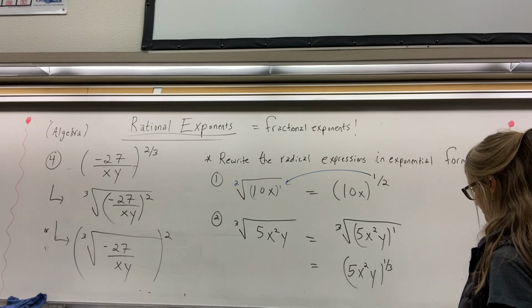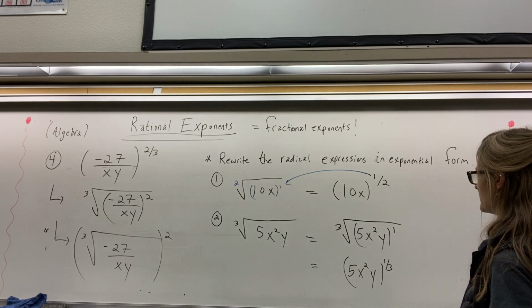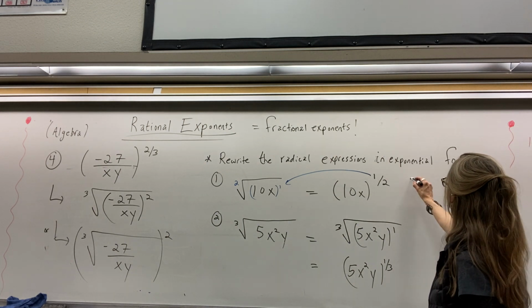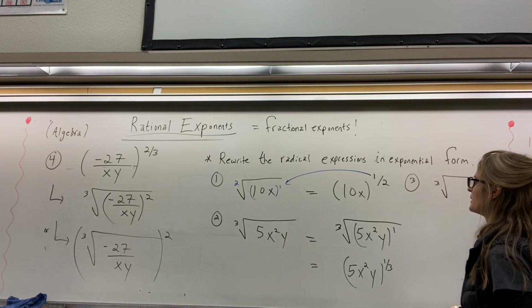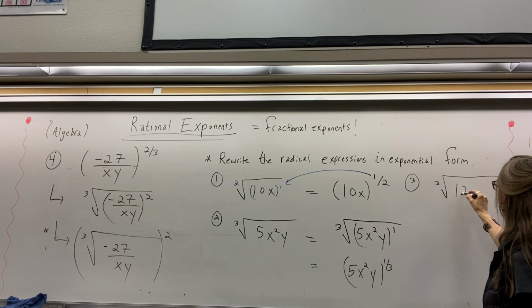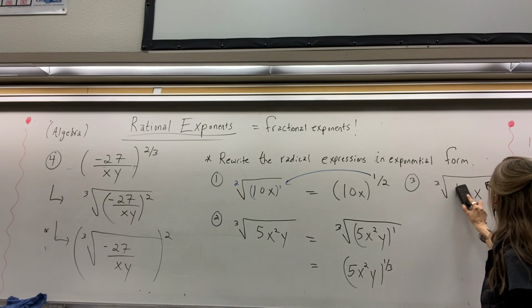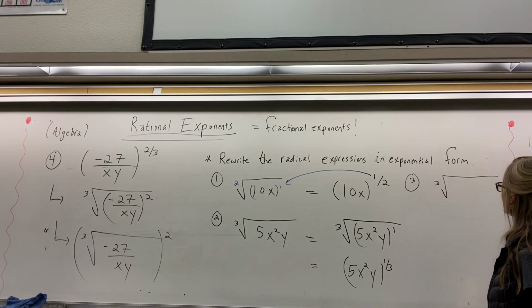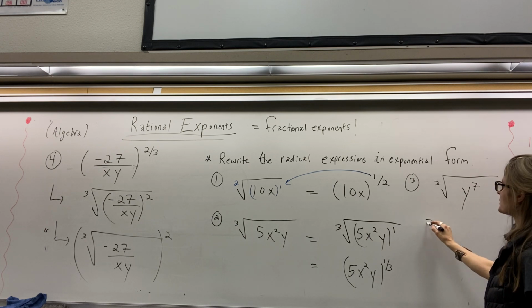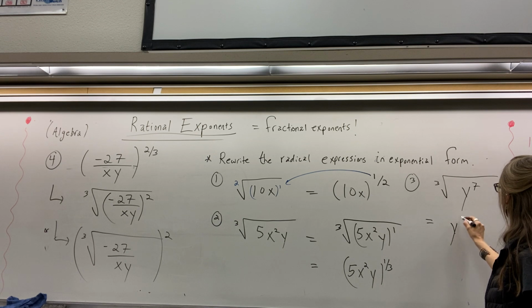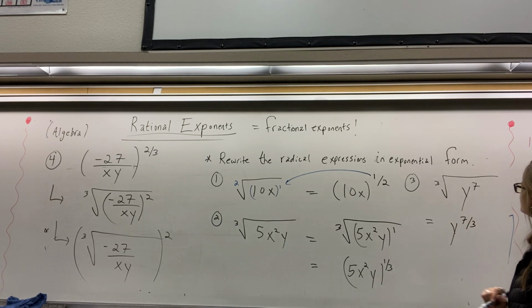And the next setup, let's say I had the cube root of 12x squared, and the cube root of just y to the 7th. This is just going to be y to the 7/3.